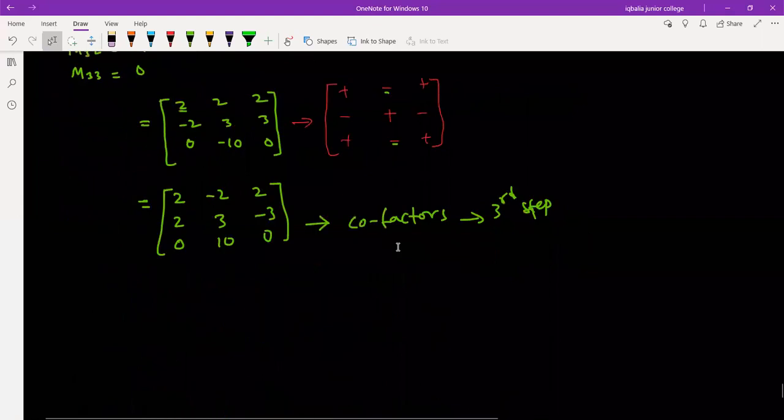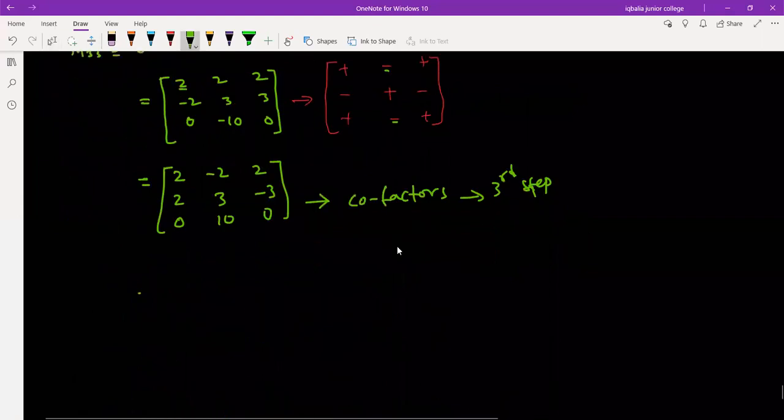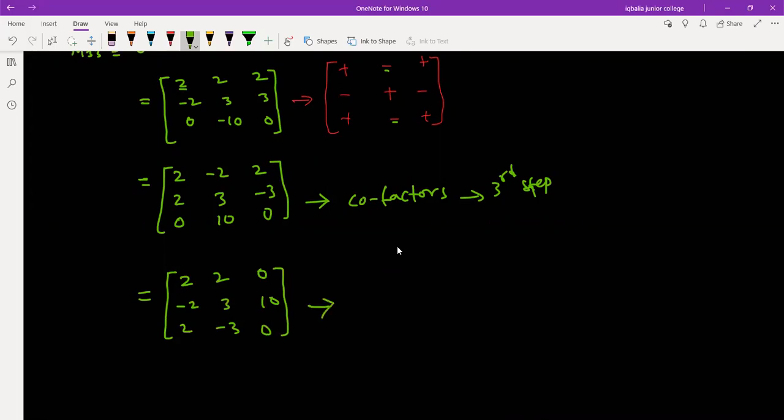So here I am going to transpose this matrix. So here 2, 2, 0, minus 2, 3, 10, 2, minus 3, 0. So this is the fourth step, we have transposed, or we have adjugated.